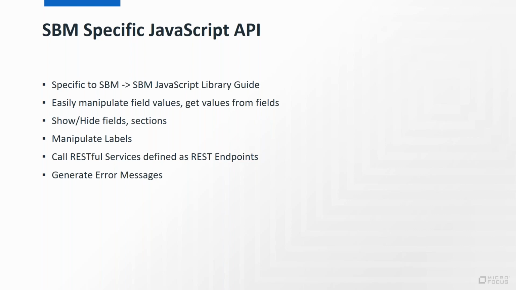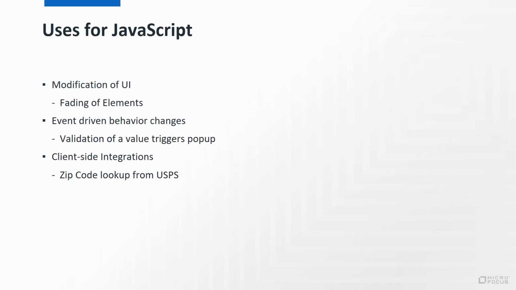But some of the functions that are in that API allow you to easily manipulate the field values as well as getting those values from certain fields. You can show and hide fields and different sections on the form, manipulate the labels and the colors behind those labels, and also call those RESTful web services, especially if you're using the REST endpoints that you've defined inside Composer, and generate some error messages.